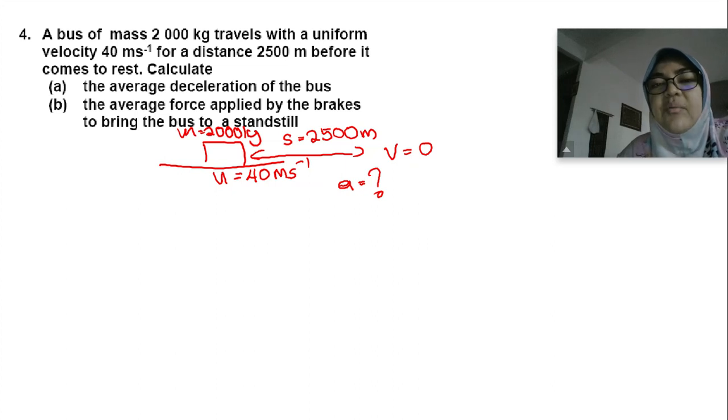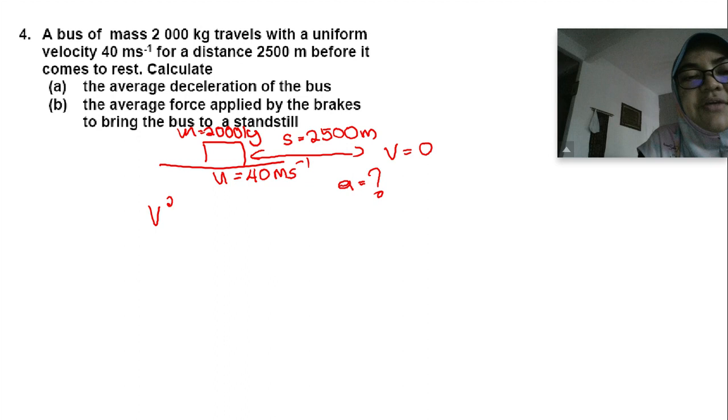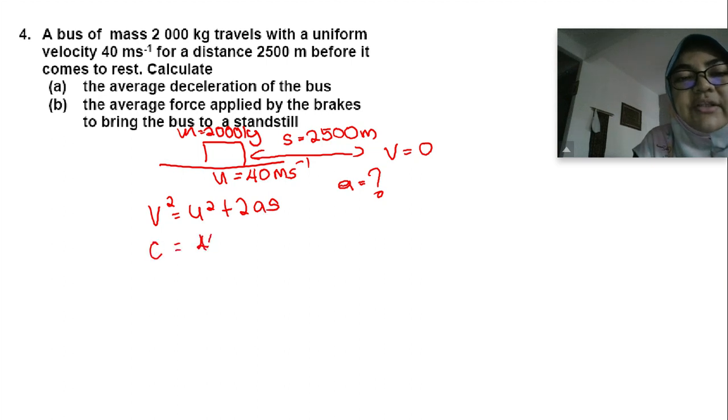So what is the formula that consists of S, V, U and a? So we can use v squared equals u squared plus 2as. So v is 0, u squared is 40 squared plus 2 times a and s is 2500.